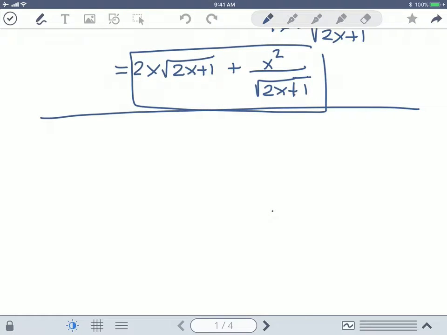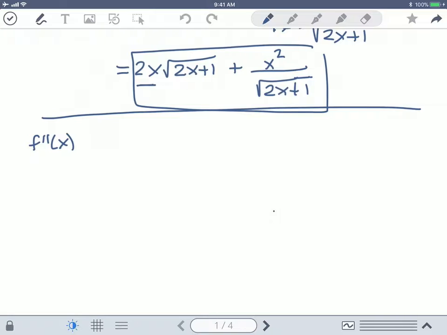Now let's find the second derivative. So if this is f prime of x, now I have to do the second derivative. For the first part, I'm going to do again the product rule, right? So this is my first function, that's my second function. The derivative of 2x is just 2, times the root of 2x plus 1. And then the same thing happens, right? I'm going to have a 2x that's multiplying the derivative of the second function, which I already did.